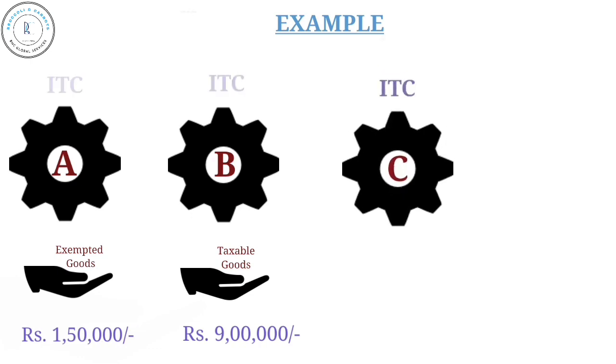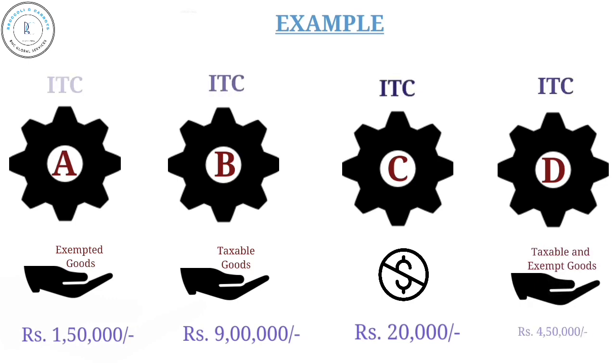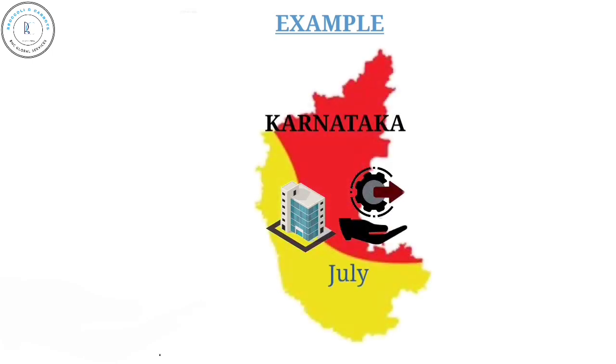ITC on Machine C, used exclusively for non-business purposes: 20,000 rupees. ITC on Machine D, used partly in supply of taxable and exempt goods: 450,000 rupees.